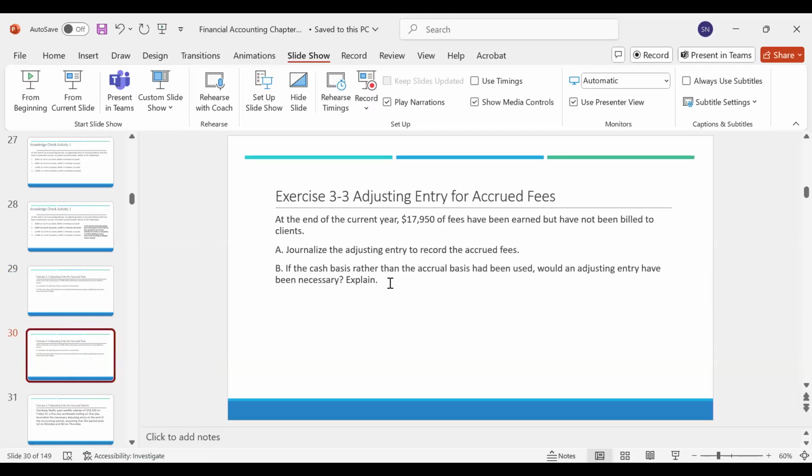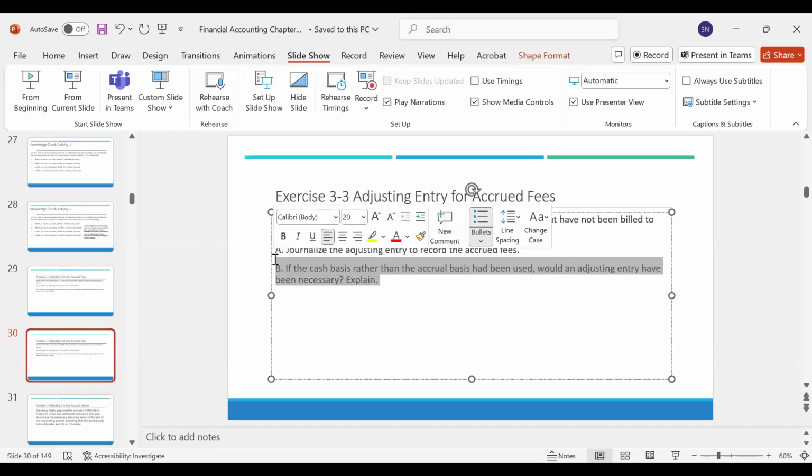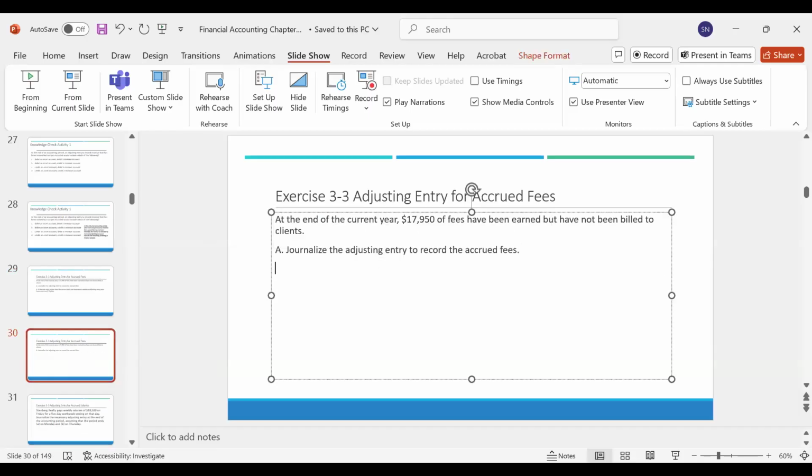We debit accounts receivable $17,950 and credit fees earned $17,950. That makes sense, guys?